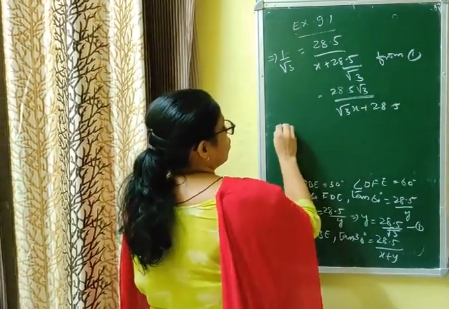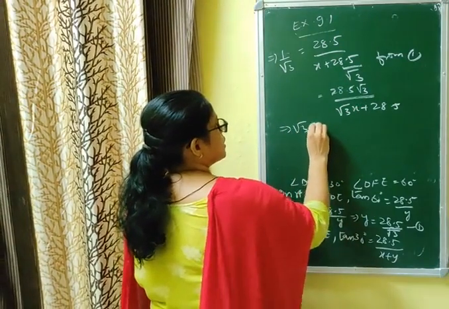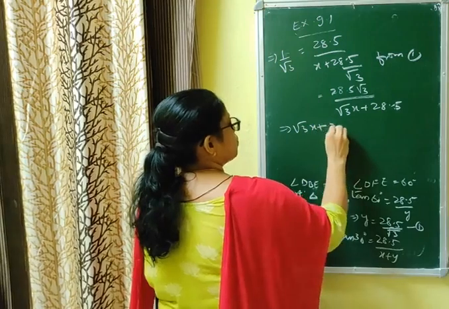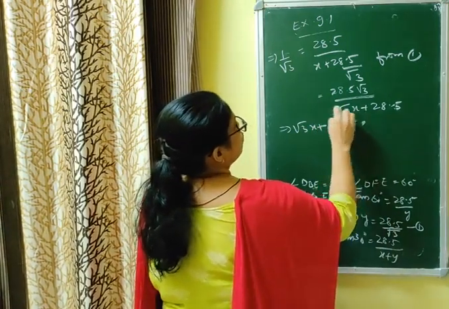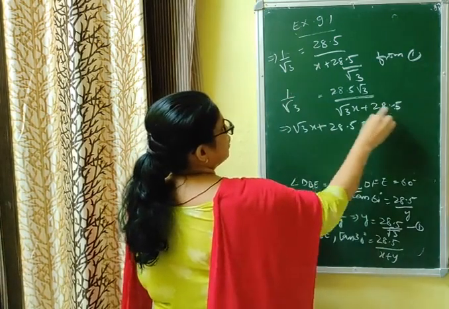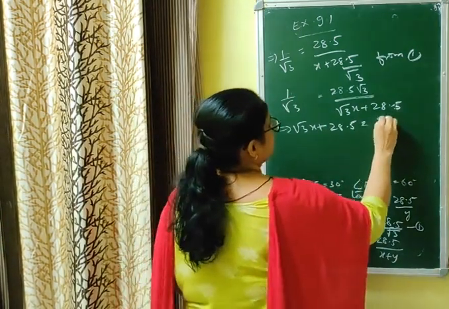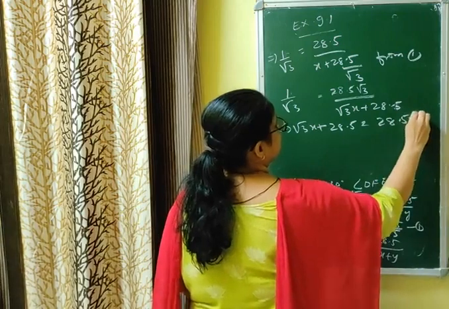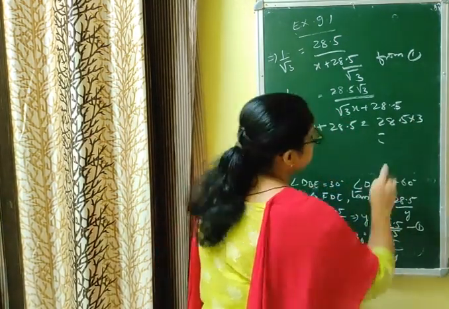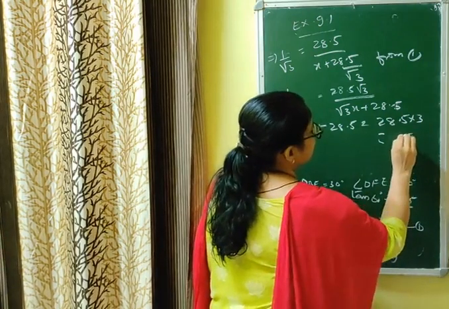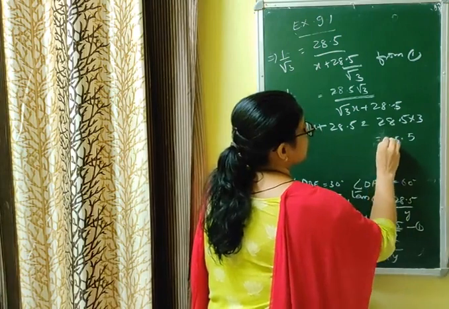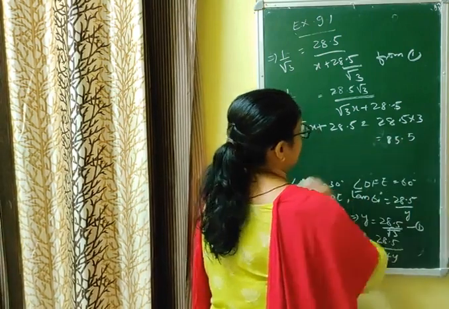Now, by cross multiplication, we get root 3x plus 28.5 is equal to 28.5 into root 3 into root 3. The value of 28.5 into root 3 is 3 5s are 15, 1 3 is 24 plus 1 25, 3 2s are 6, 6 plus 2 is 8, 85.5.